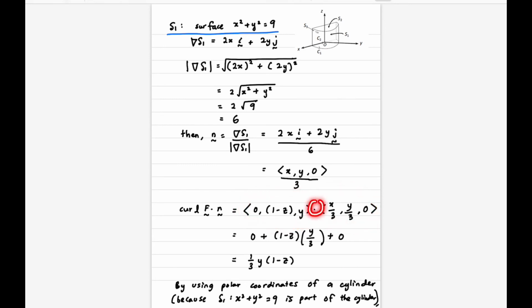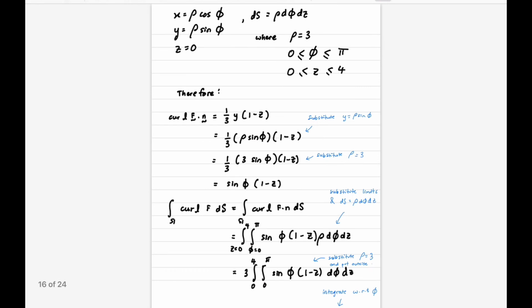Solve the dot product and simplify. So you will get 1 over 3 y times (1 minus z). So by using polar coordinates of the cylinder, because S1 is part of the cylinder, you have to change to the polar coordinates of the cylinder, where your phi is from 0 to pi and z is from 0 to 4.